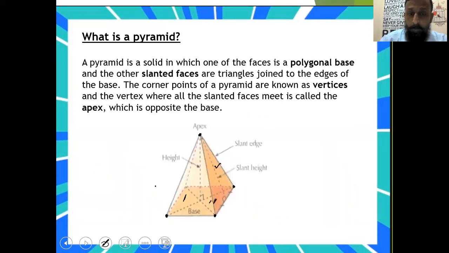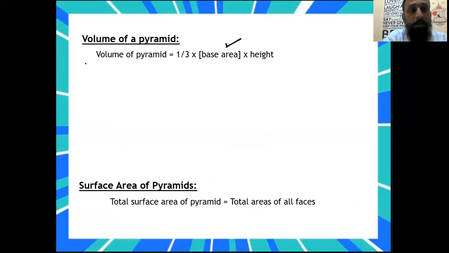So, dear students, for a square base pyramid, our formula will be V is equals to 1 upon 3 multiplied by base area.